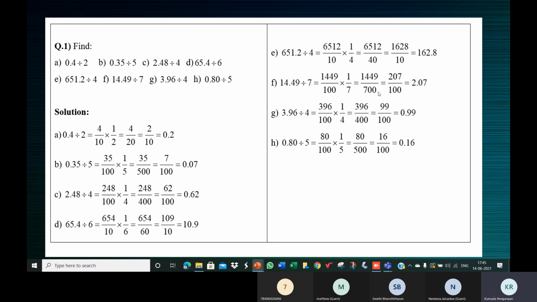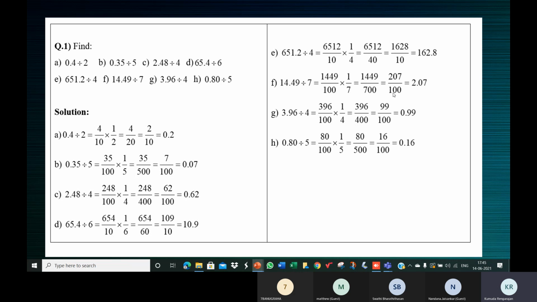Then simplify by 7. See, when you simplify by 7, you can get denominator 100. You can divide both the numerator and denominator by 7, and that gives you 207 by 100. Now after this, you cannot simplify any further. 207 by 100 cannot be simplified any further.